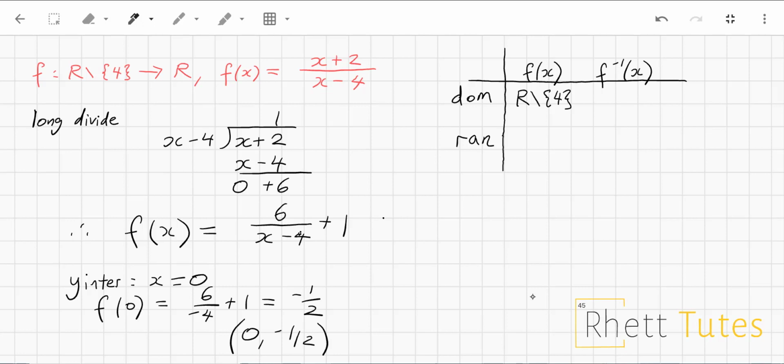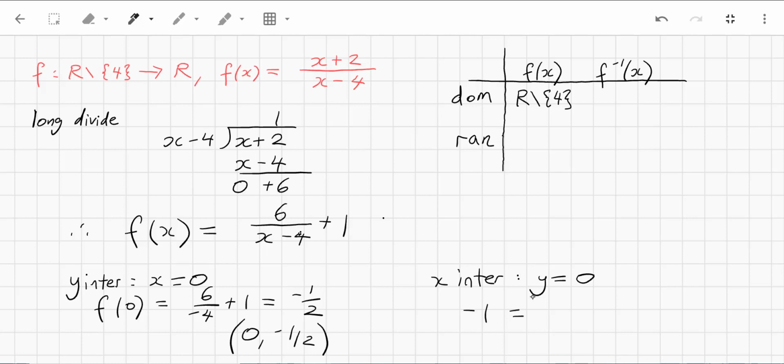And my x-intercept, I'll let y equal 0. So that gives me negative 1 equals 6 over x minus 4.